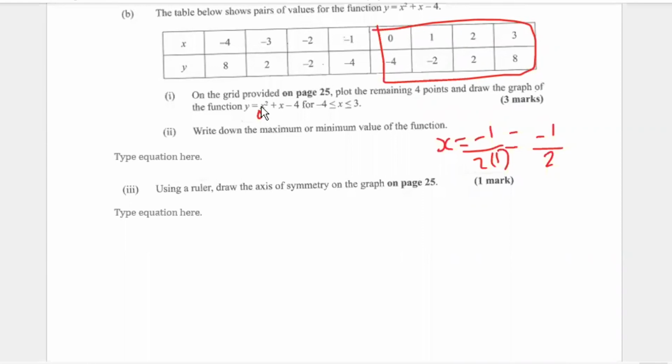In this case, there's nothing attached to the x squared, so a is 1, b is 1 as well because there's nothing attached to the x, and our c would be negative 4. c isn't important here because the formula is x equal to minus b over 2a. So use that formula, and it gives you the corresponding x value, which is your minimum value on your graph, or your maximum value. So that is what that formula is used for. Follow me, Tony?